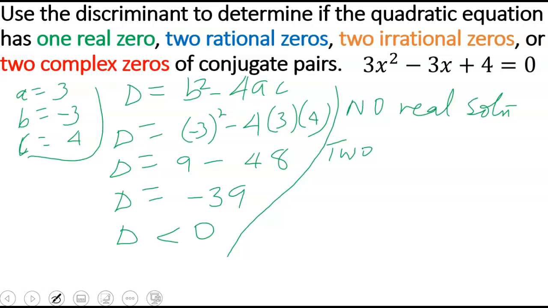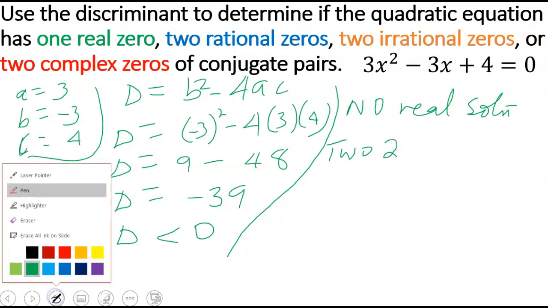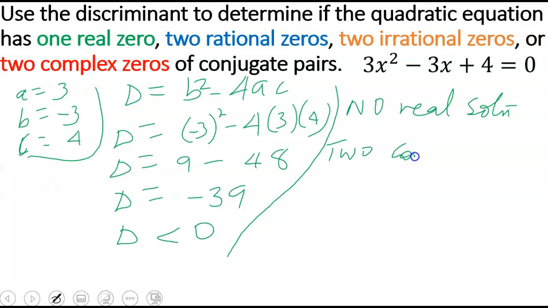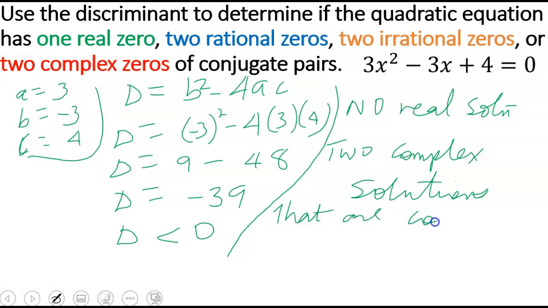So it must be two complex solutions. There are two complex solutions that are a conjugate pair. It's good to know that they are conjugates of each other.